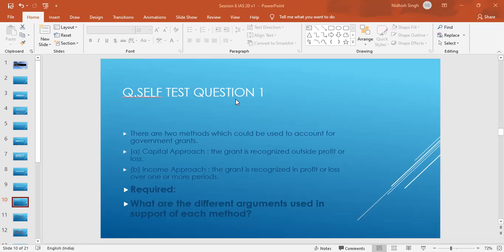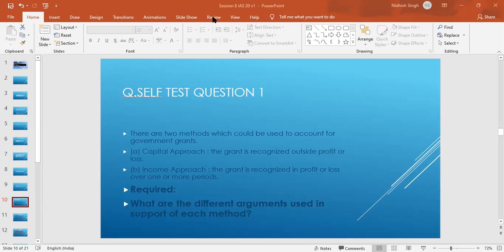So if we go by the capital approach, we can improve the balance sheet of the company as a healthy investment. We can show the investment point of view, and we can attract other investors as well, if we have a good or healthy balance sheet of the entity, right?